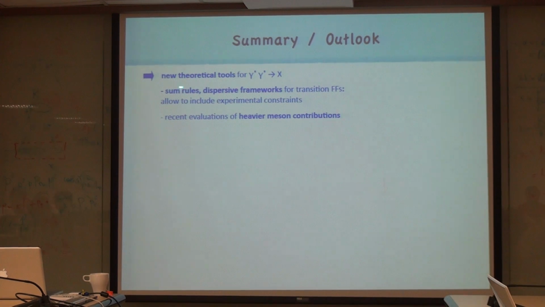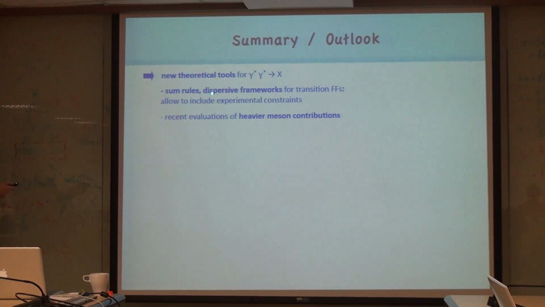So I would like to come here then to a summary of this part. I've tried to give you an idea of some new theoretical tools which are being developed for the scattering of light by light into hadrons. In particular, some rules are quite powerful because, first of all, they're model independent. You can test them in quantum field theory frameworks, and they allow you to really see quantitatively what are the relevant degrees of freedom.